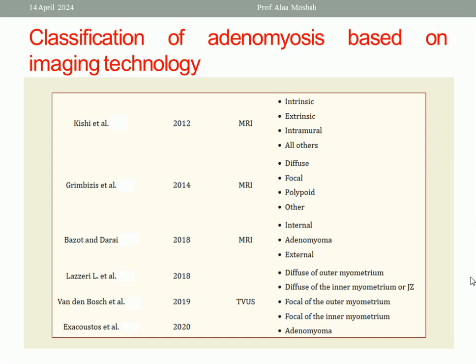That's why the prevalence of adenomyosis is different, ranging between 5 to 70%. We have no worldwide accepted histological classification according to depth of invasion, and no worldwide accepted imaging classification for adenomyosis.